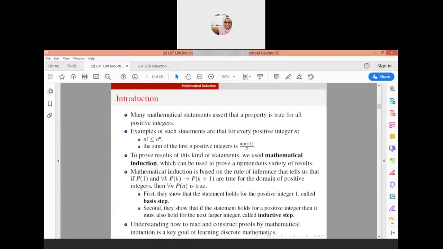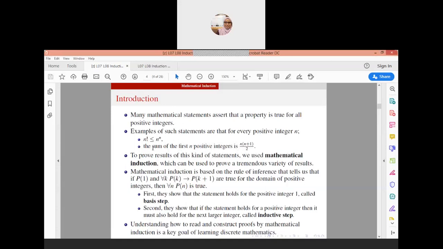Okay, first, mathematical induction. Many mathematical statements assert that a property is true for all positive integers. Selalu kita tengok dekat dalam ayat-ayat, macam contohnya ayat ni, n factorial is less than or equal to n power of n. Then the sum of the first n positive integers is n(n+1)/2.